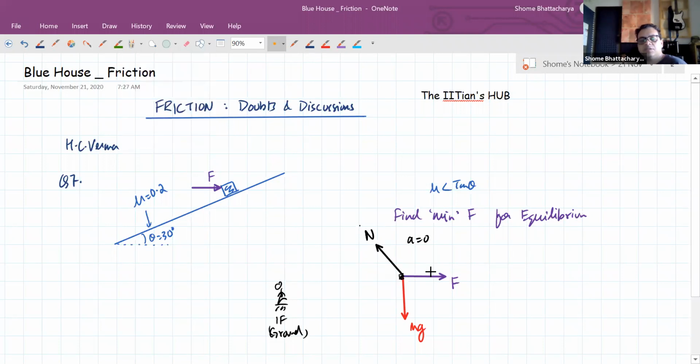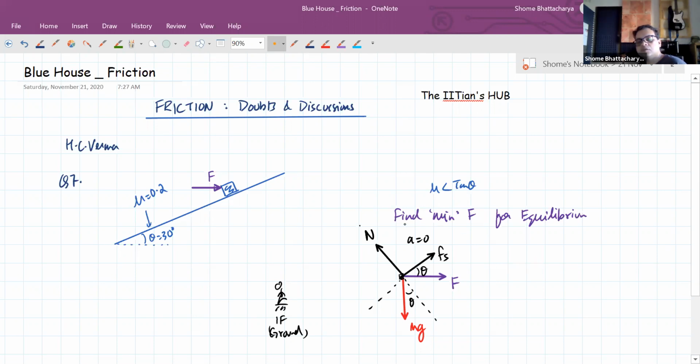Now since we are applying minimum amount of force, the tendency is to slip down the inclined plane. So friction will have to act up the inclined plane. So this will have to be static friction. And as I said, since we are talking about minimum force F, friction is preventing the slipping along the direction of mg sine theta.